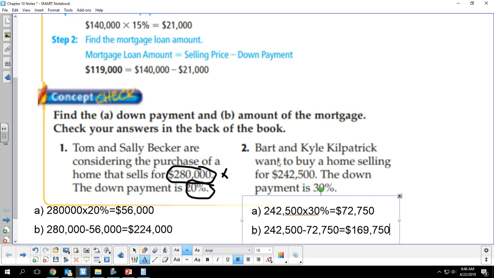All right, and that's as difficult as it gets. Multiply by the percent, minus the down payment from the original selling price. All right, and that is 10.1.